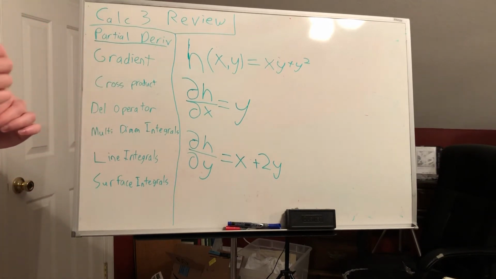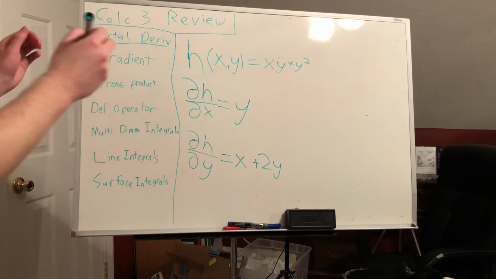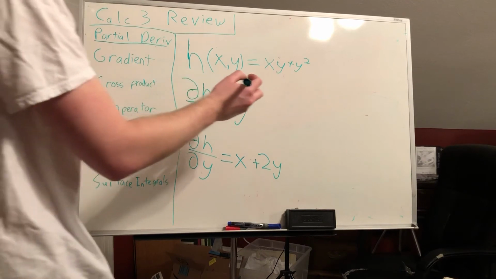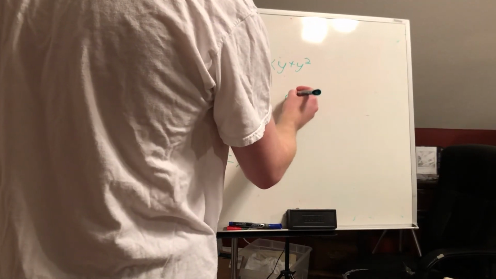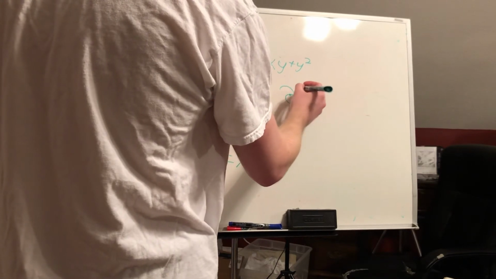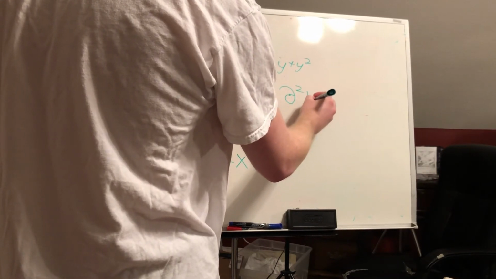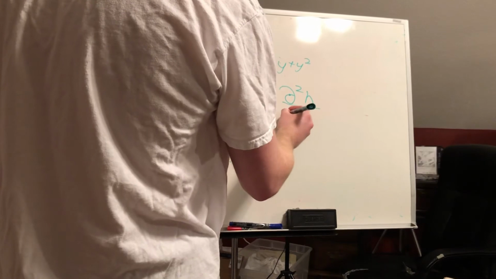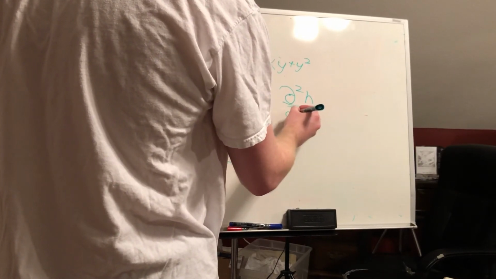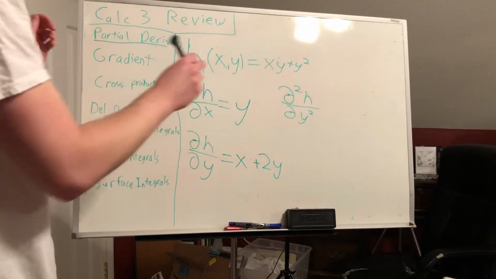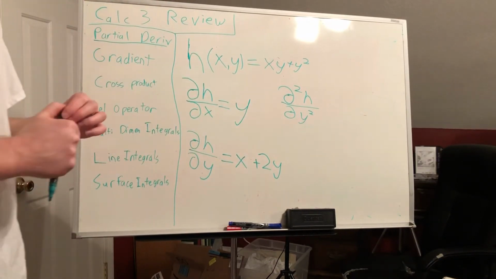I guess one more quick thing that I could do is, sometimes you'll get something like a second partial derivative with respect to y, where that can seem a little bit daunting.